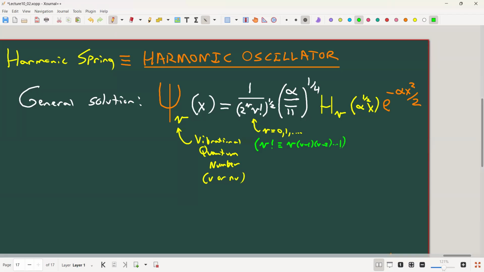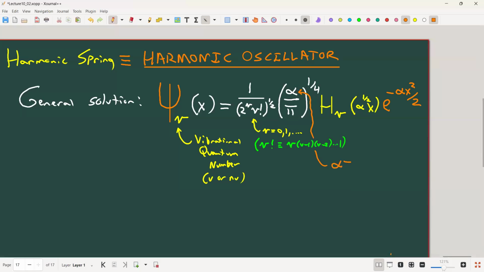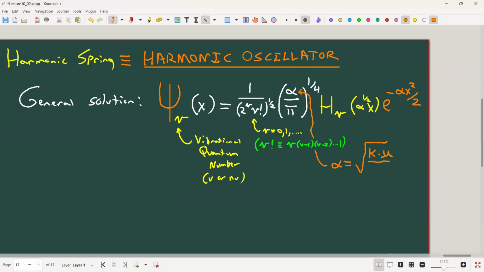You just count down and multiply. Alpha is a constant, and it's equal to the square root of k, the force constant, times mu, the reduced mass, over h bar squared. There's our h bar coming in finally.